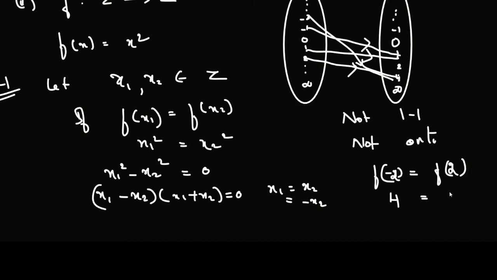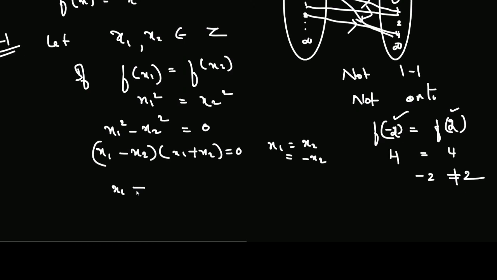F of 2 is also 4. So we got f of x1 equal to f of x2, but minus 2 is not equal to plus 2. That means f of x1 is 4, f of x2 is 4, but x1 is not equal to x2. That or should not be there. So therefore the function is not 1 to 1. You have to give one example here, and one example is enough to disprove it.